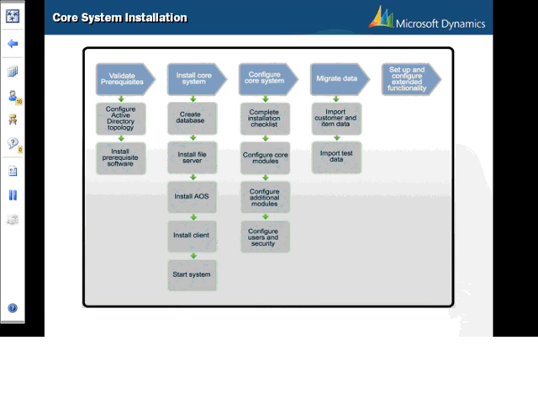And during installation, we created the database, installed the file server, installed the application object server, installed the client, and now we have to shut down the system and restart it. So the next step will be configuring the core system, where we will go through the complete installation checklist and configure core modules, configure additional modules, and configure users and security.